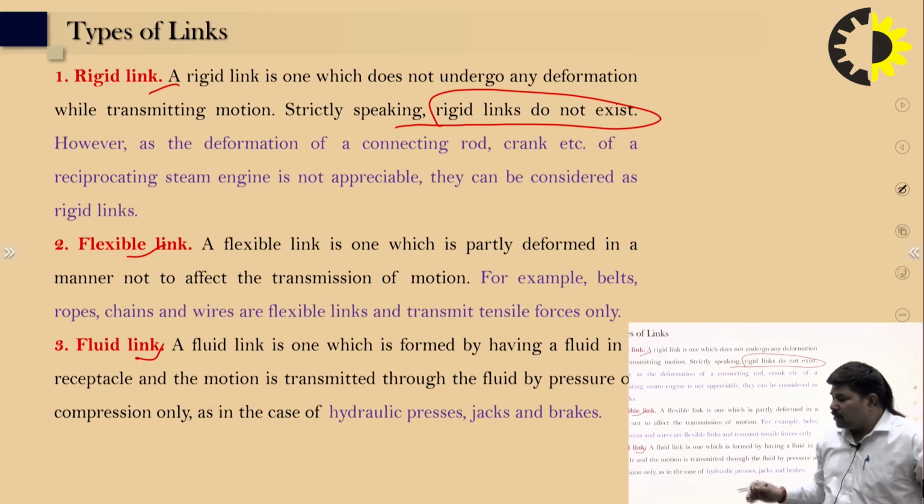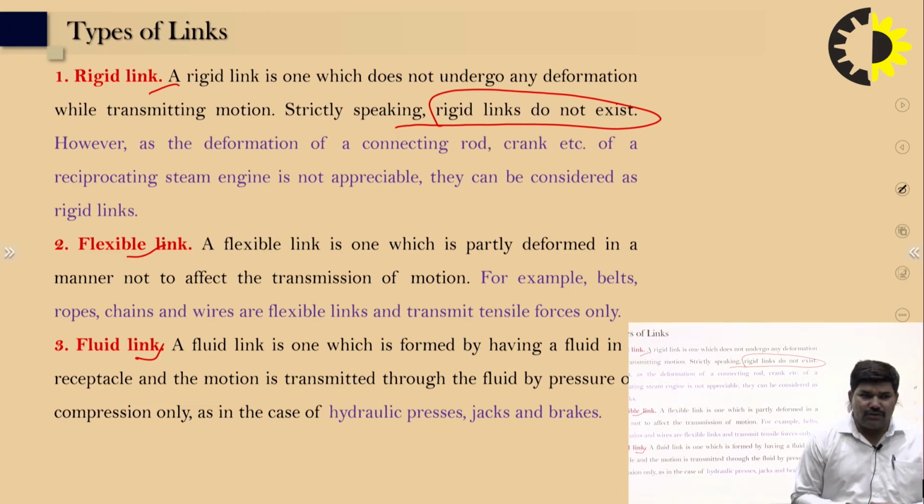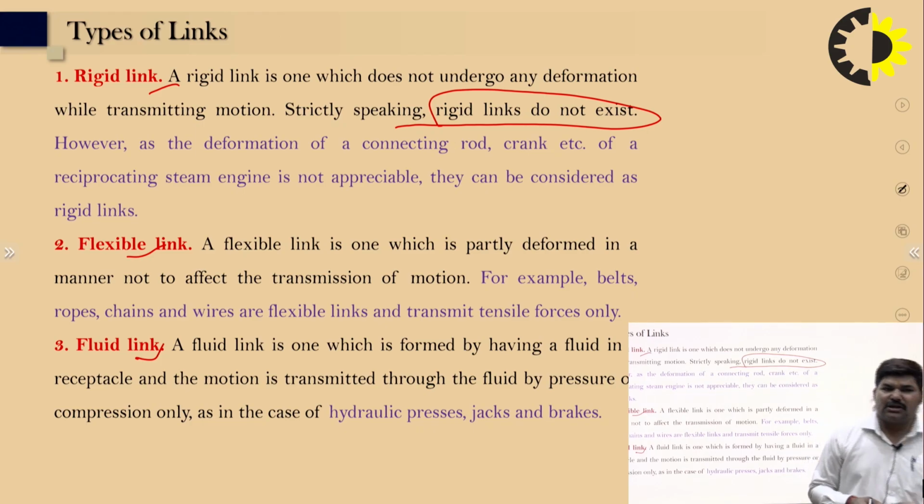Then the fluid link. A fluid link is one which is formed by having a fluid in a receptacle, and the motion is transmitted through the fluid by pressure or compression.